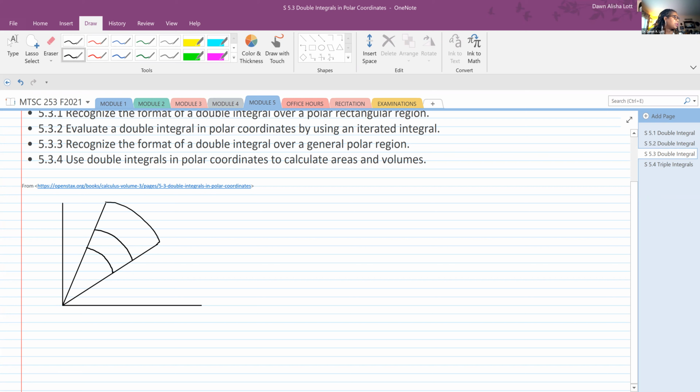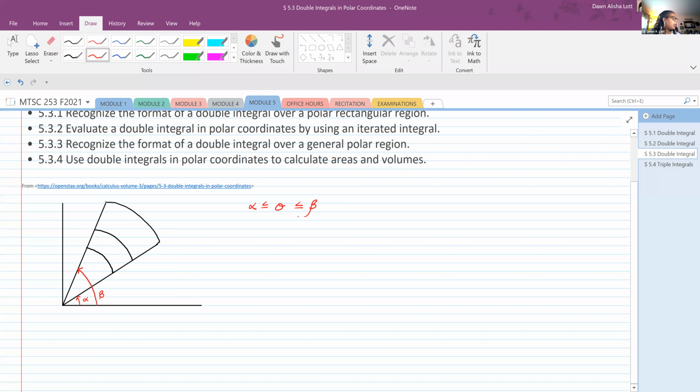And I want to be able to say that, as you can see, if I start and go up to here, that's going to be alpha. And then if I go all the way up to here, that's going to be beta. So theta is between alpha and beta.